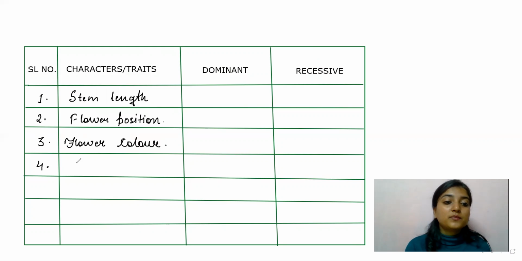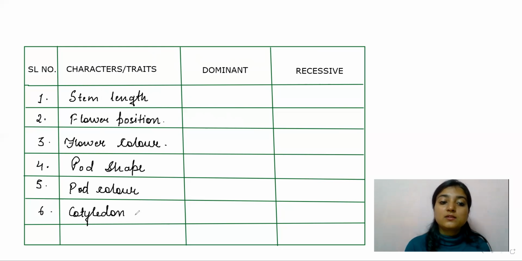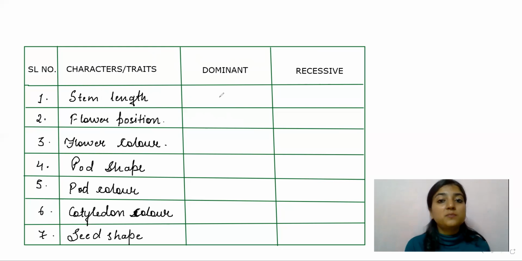Fourth is the pod shape. Fifth is the pod color. Sixth is the cotyledon color, and at last it is the seed shape. So these 7 characters or traits were taken by Mendel for his experimental work.